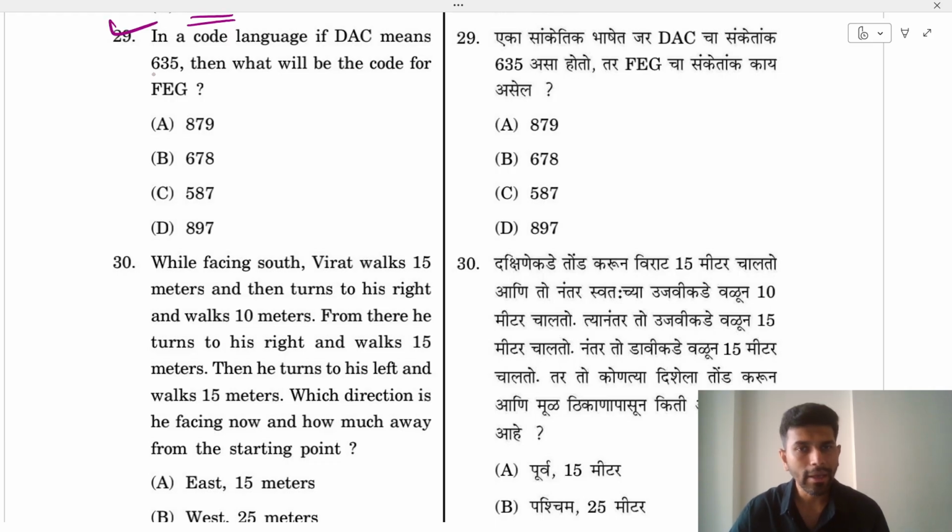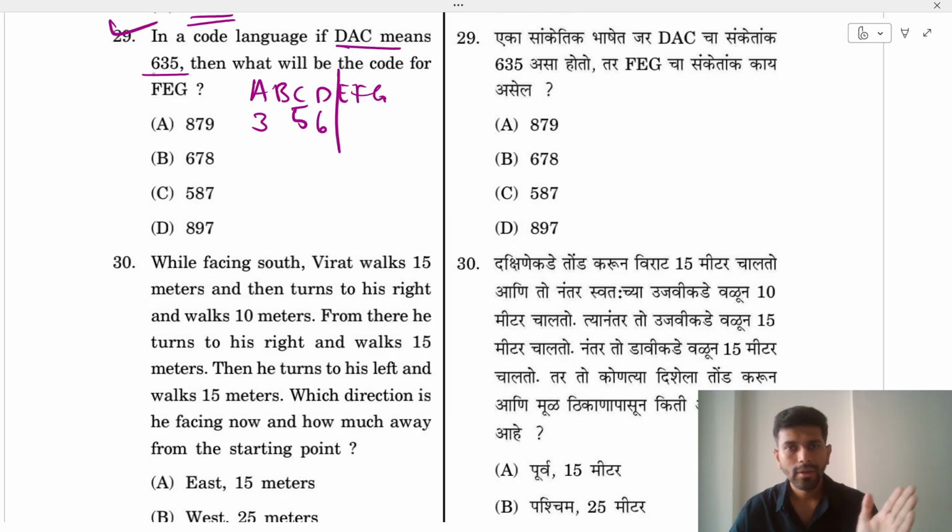Next, in a code language, DAC means 635. Then what will be the code for FEG? So A, B, C, D, E, F, G. D is 6. A is 3. C is 5. Then we have to identify FEG.